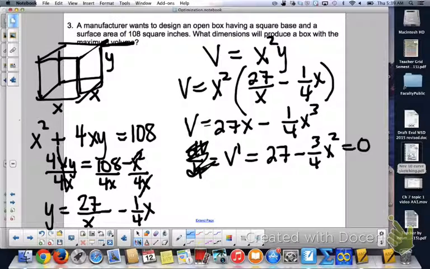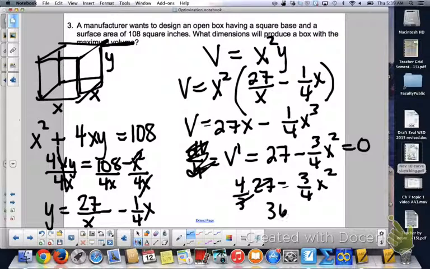Set that equal to 0, so you have 27 equals 3/4 x squared. Multiplying by the reciprocal gives you 36 equals x squared, so x would be plus or minus 6. We can't have negative 6 because it's a length, so we have positive 6.